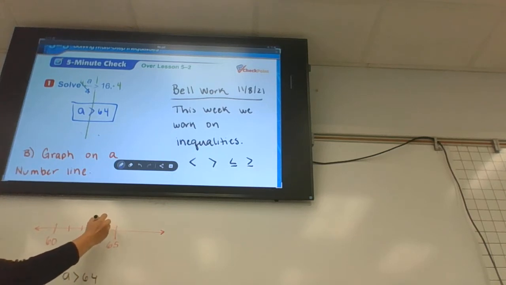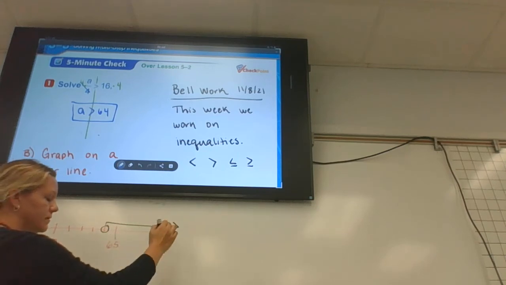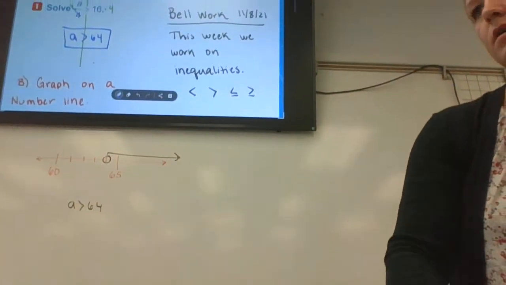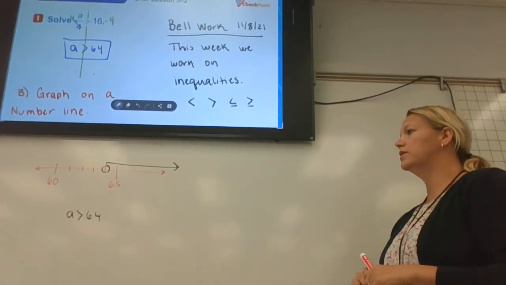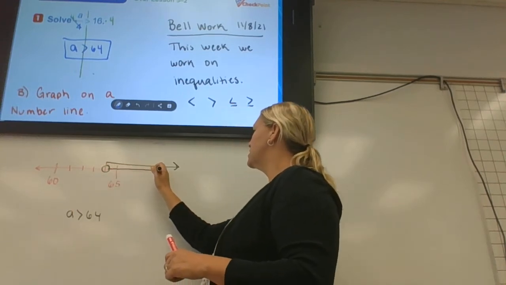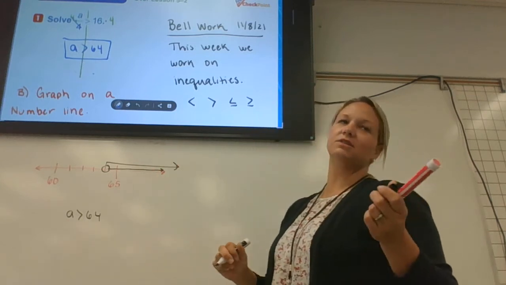I'll do an open circle at 64 and point my graph to the right. Most people do it right above it, but I like to do it up.